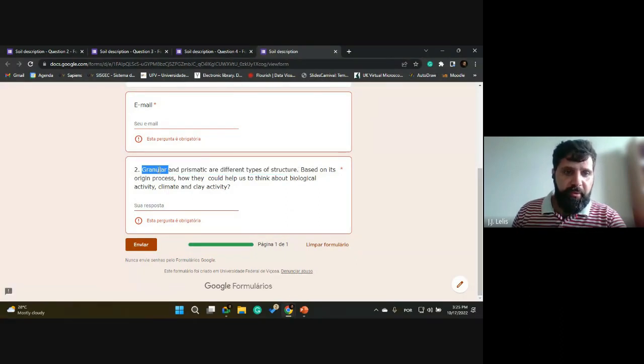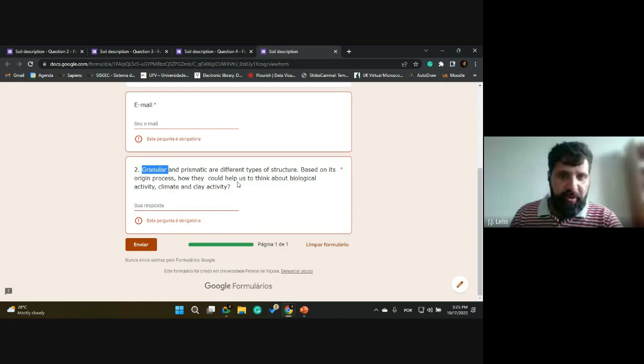If you remember, the granular are the circular or quite circular shape structures, and the prismatic are the vertical structures. There are different shapes or different types, and based on these different types and different origin processes, how could they help us to think about biological activity, climate, and clay activity?